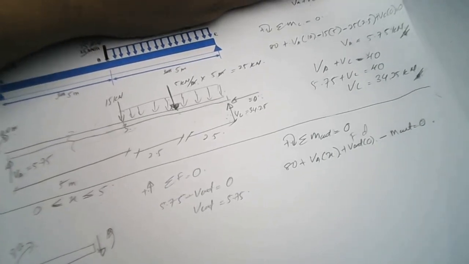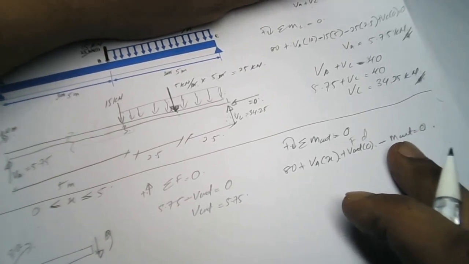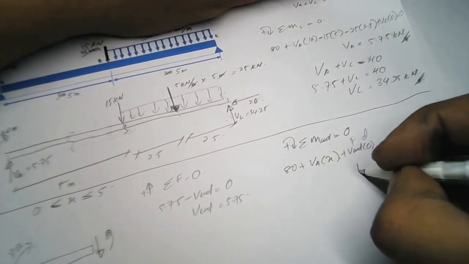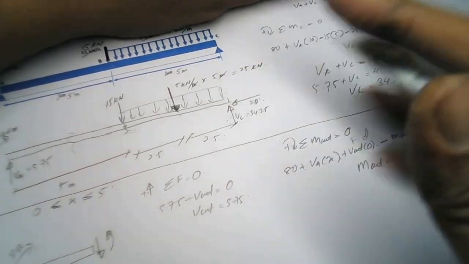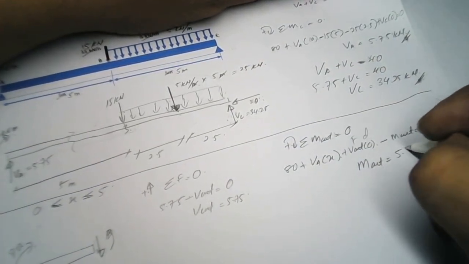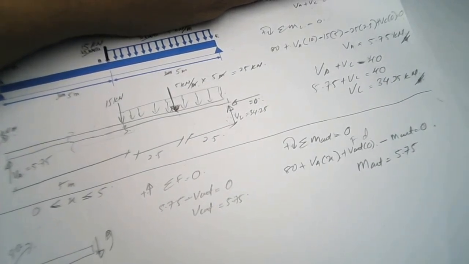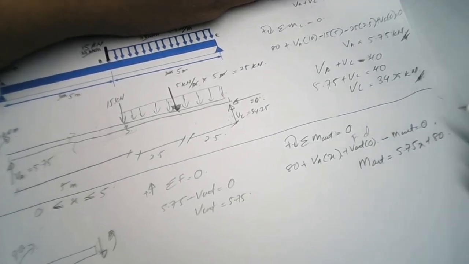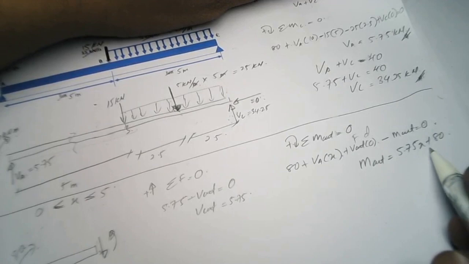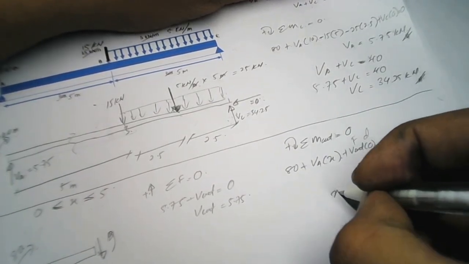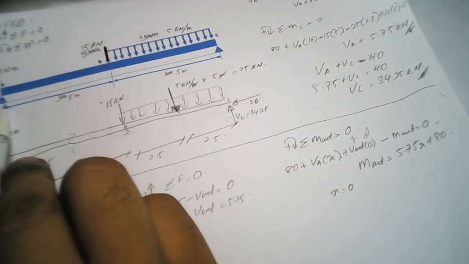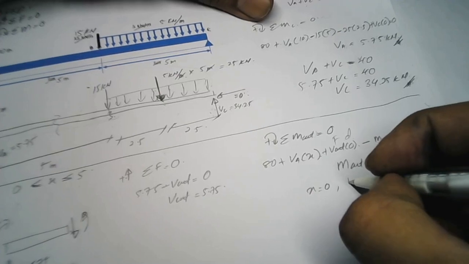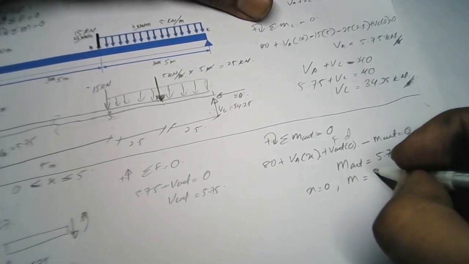All right, so we have to solve this equation. At the end of the equation, you will get M cut equal to 5.75x plus 80. All right, this is the linear equation. If the x value is 0, that means the M value will be 80.